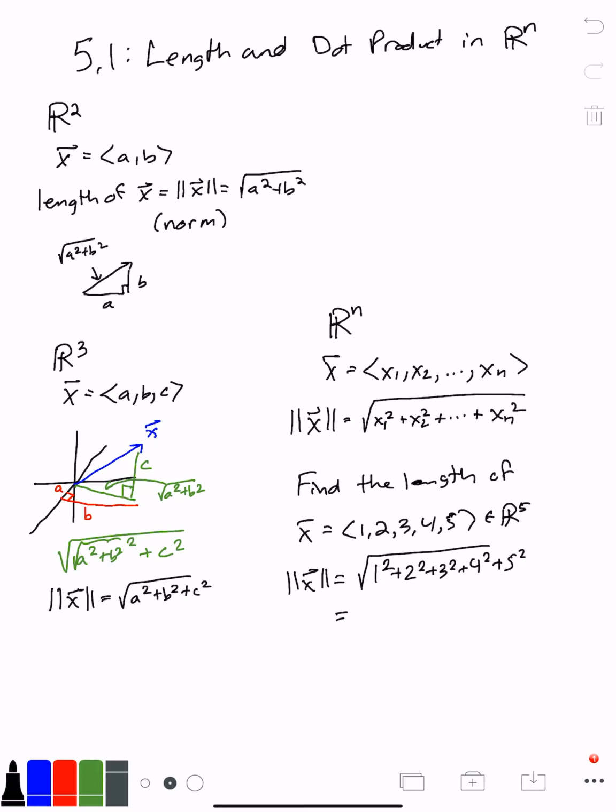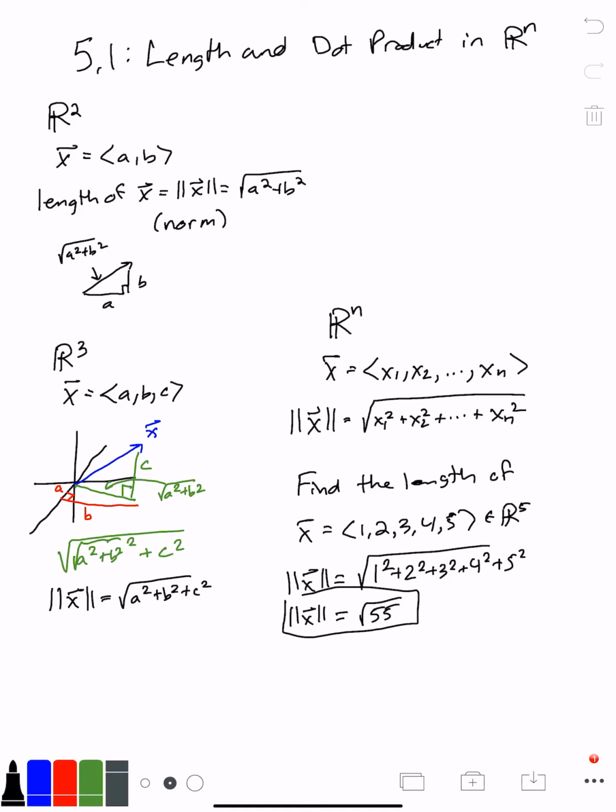Let's see here, 1 plus 4 is 5, plus 9 is 14, plus 16 is 30, plus 25 is 55, I believe. So the length is the square root of 55. And again, you can find the length of any vector in Rn in this fashion.